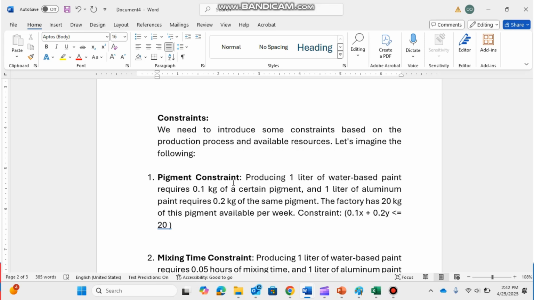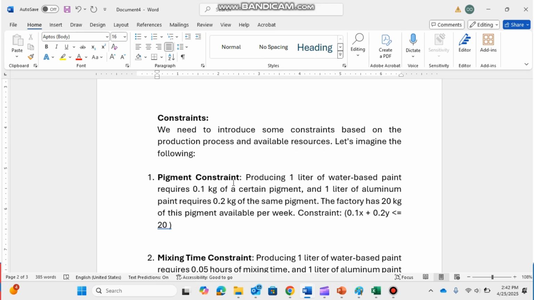So in this term, we have a pigment constraint. Now, remember in the question we said producing 1 liter of water-based paint requires 0.1 kilogram of a certain pigment, and 1 liter of aluminium paint requires 0.2 kilogram of the same pigment.